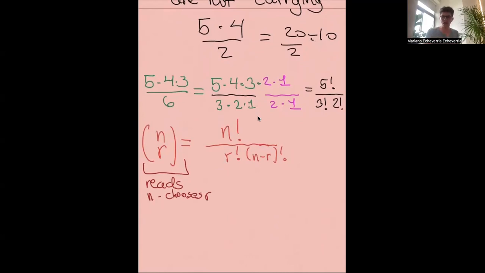It is basically what we just computed: the number of groups of R objects formed out of a total of n objects.